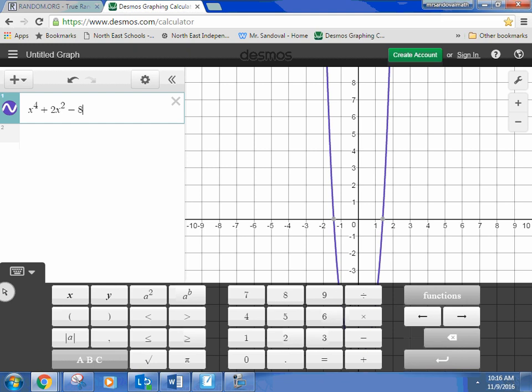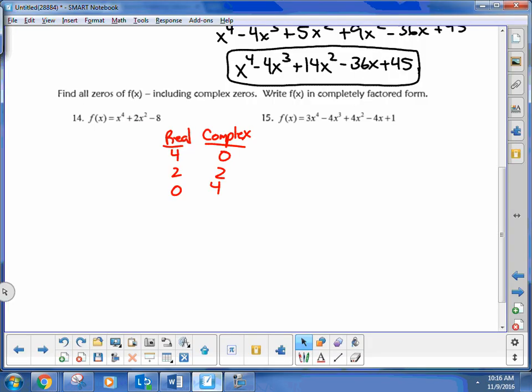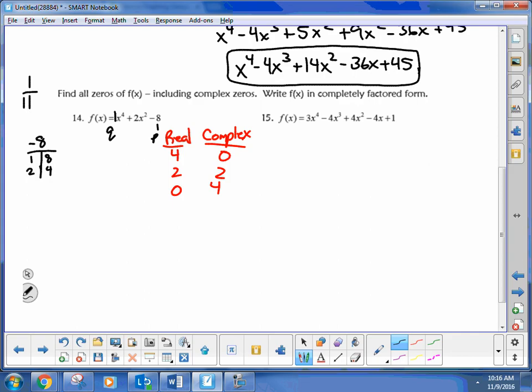Now, the way you discover what it is, this is when we go back to this, and we go ahead and discover p's and q's. So remember, this one has 1 as the q, this is a p. So negative 8 has the factors of 1 and 8 and 2 and 4. 1, this is p. Remember, 1 is just 1 and 1.